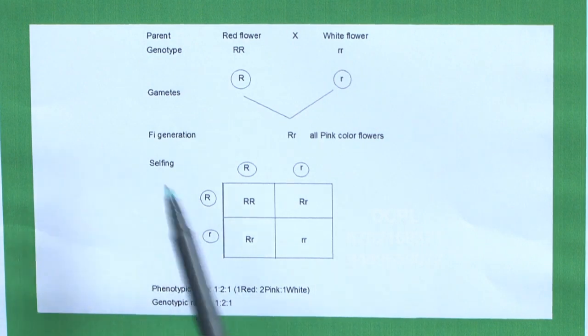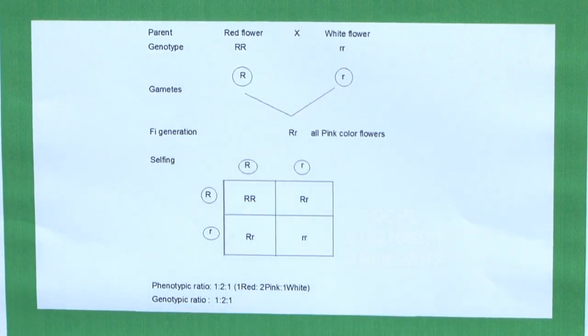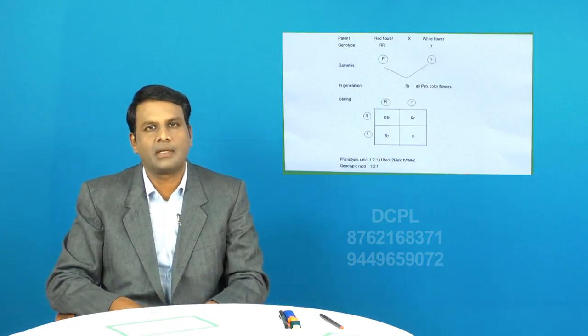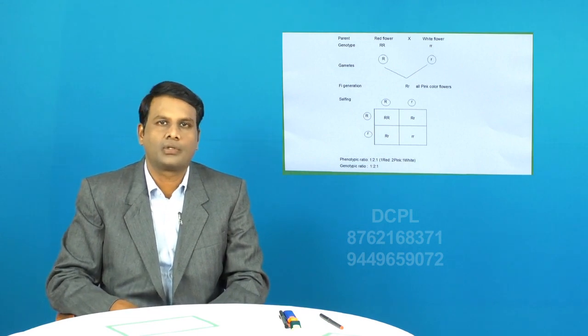After selfing, that is a cross between individuals of the F1 generation, in the F2 generation one plant produces red flowers, two plants produce pink flowers, and one plant produces white flowers, and the ratio is 1:2:1. So, in this type of cross, both phenotypic and genotypic ratios remain the same, that is 1:2:1.